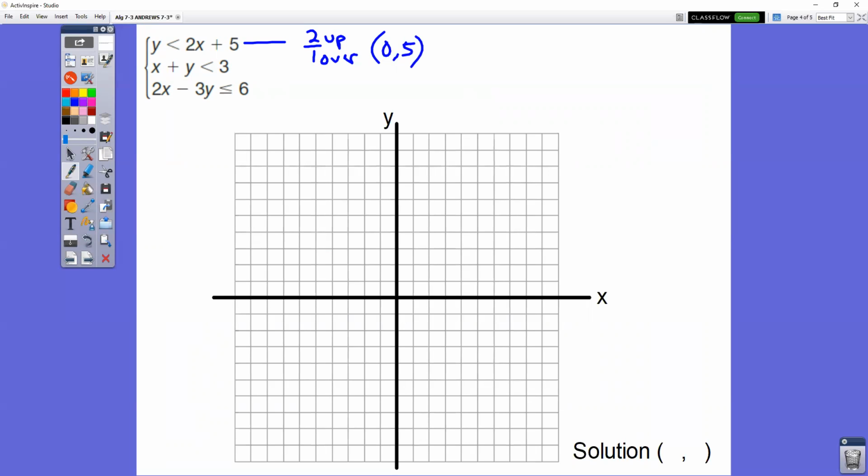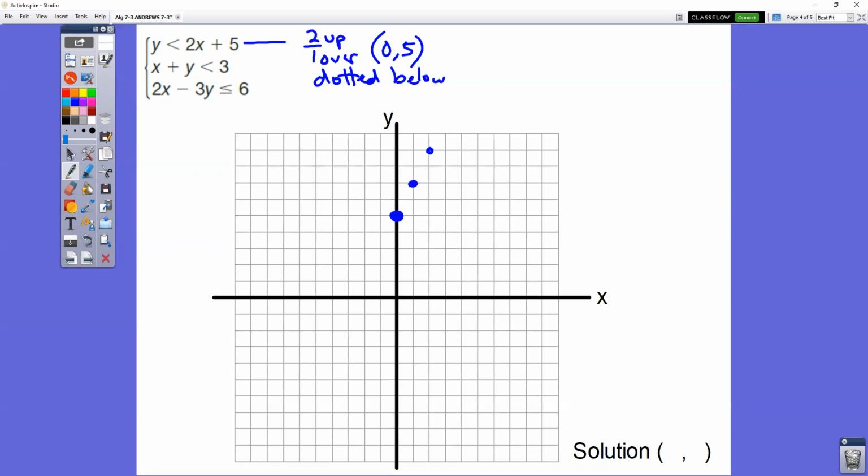It's less than, so this is going to be a dotted line, and we are shading below it. So starting off at 0, 5, 1, 2, 3, 4, 5, we're starting right here, and we're going up 2 over 1.